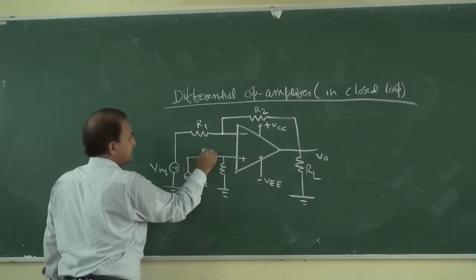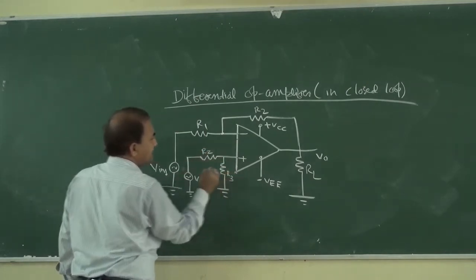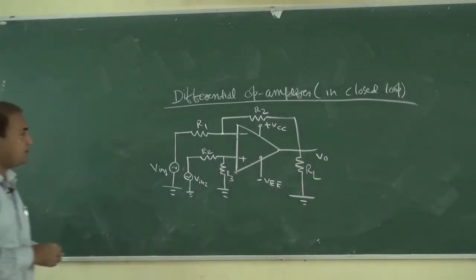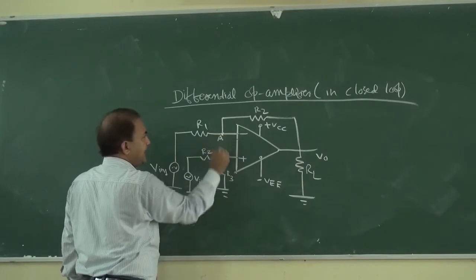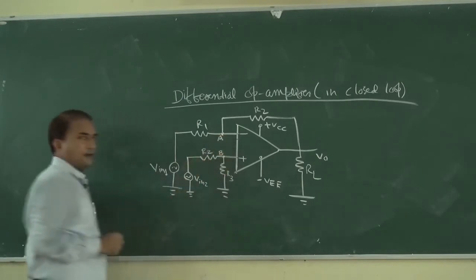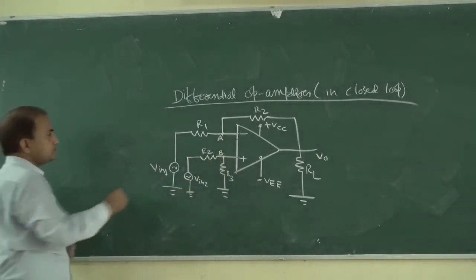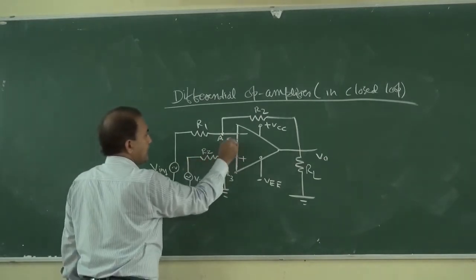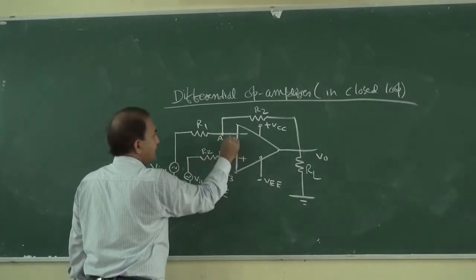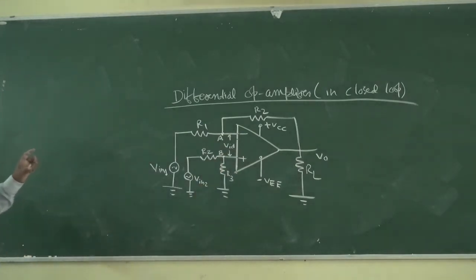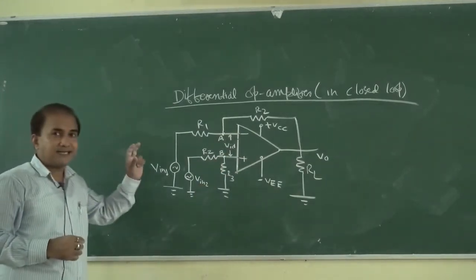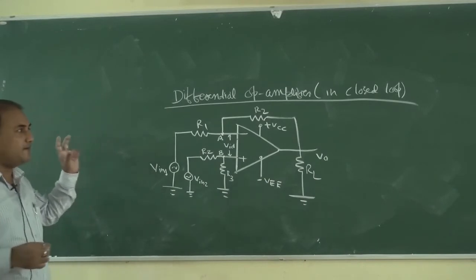This is R2 and this is say R3. Suppose this is point A and this is point B, and this is VID. So this is the circuit diagram of the differential operational amplifier in closed loop configuration.